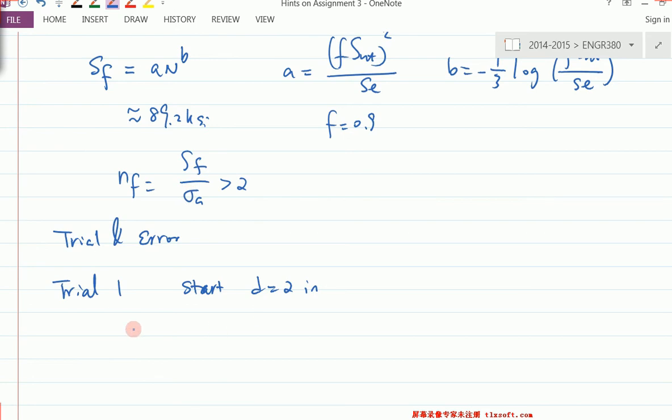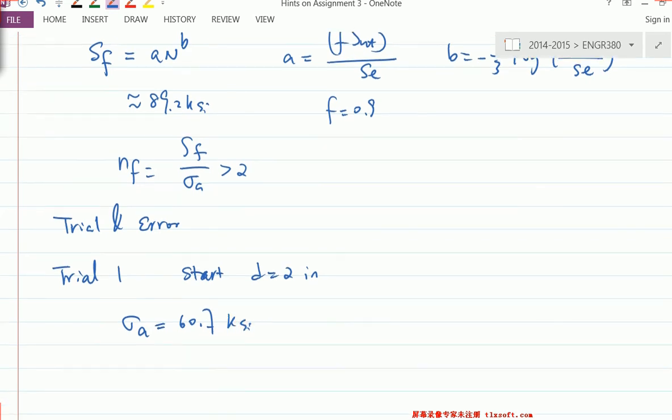Then the calculated sigma A is going to be 60.7. Then you use this SF over sigma A, and it turns out it is only 1.47, and that's less than 2.